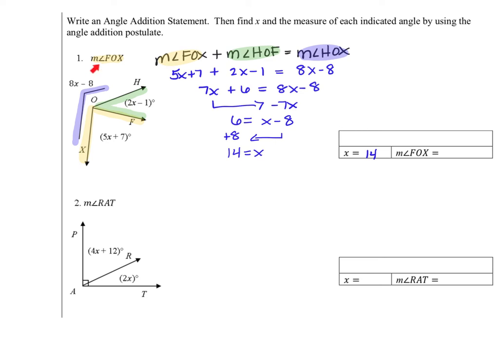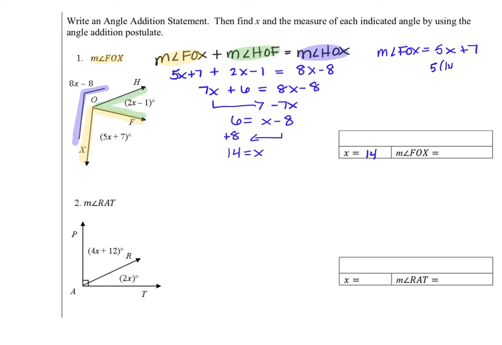So remember, I had to find the measurement of angle FOX. So FOX, or Fox, was 5x plus 7. So the measurement of angle FOX is equal to 5x plus 7. And I just solved for x. So I just have to replace the x with the 14 that I just found.